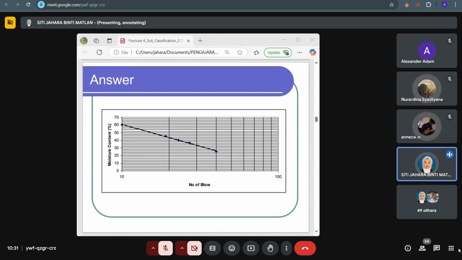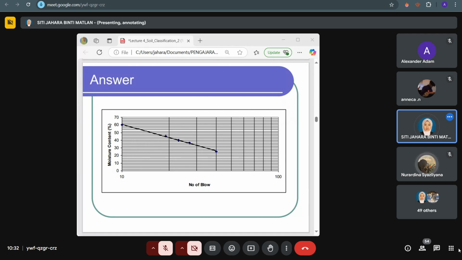And the step by step solution is, first we need to plot the points that we obtain from the Casagrande test, in which the x-axis is the log scale of the number of blows, and the y-axis is the water content in percentage.